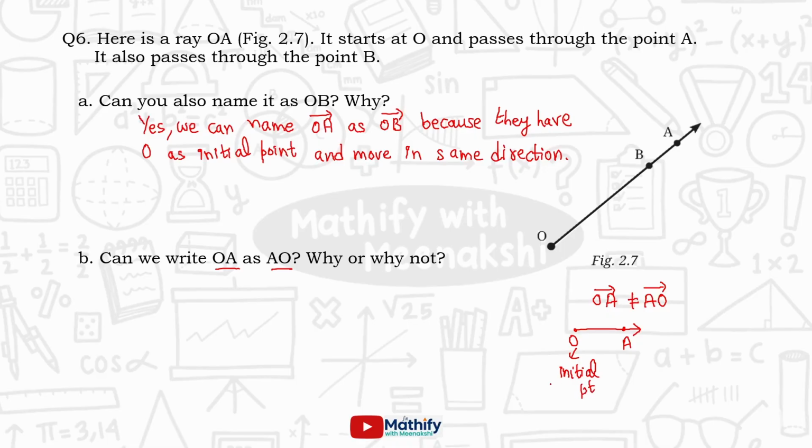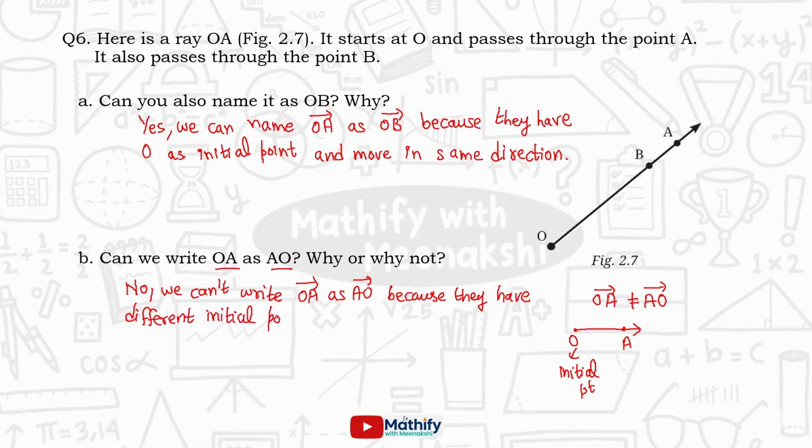So they are saying, can we write OA as AO? No, we can't write OA as AO because they have different initial points and they move in different directions.